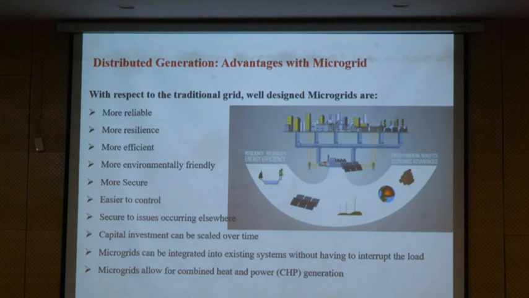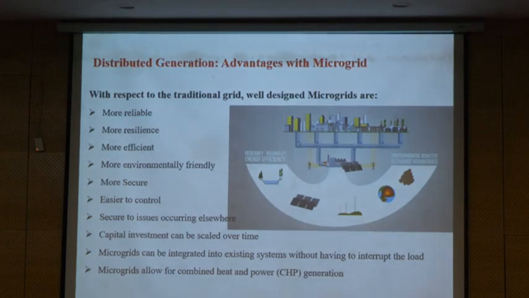There is also security from issues occurring elsewhere. Like in the photo I showed you, if a fault happens here, places several kilometers away also get affected. By this technology, it is not affected by somewhere else.